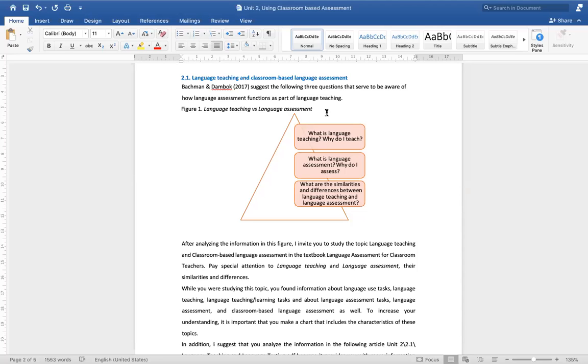So you need to make decisions, for example, on how you're going to change your instruction. Maybe it's the way that you presented the topics, or maybe it's the test.